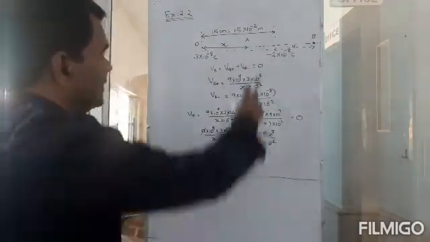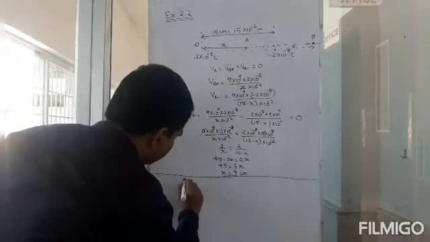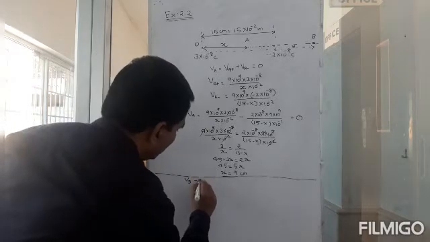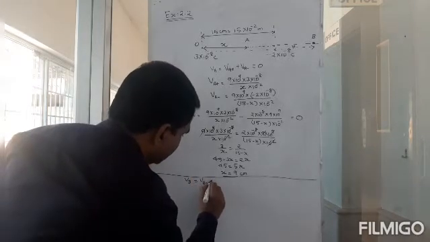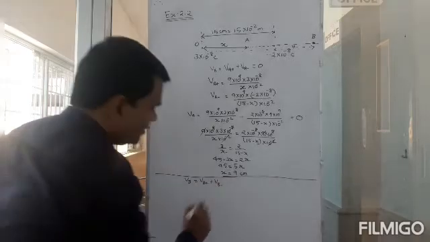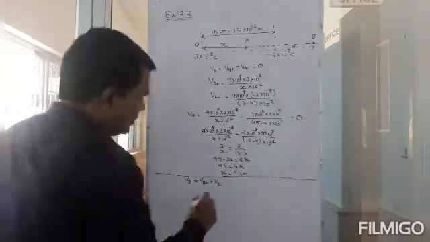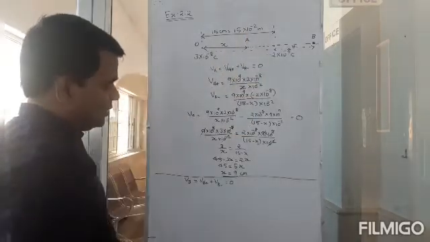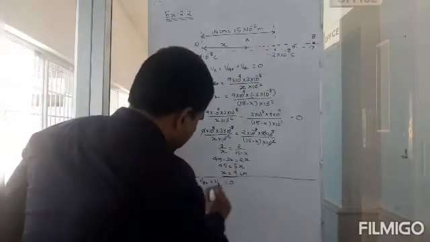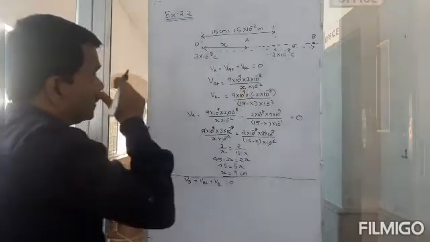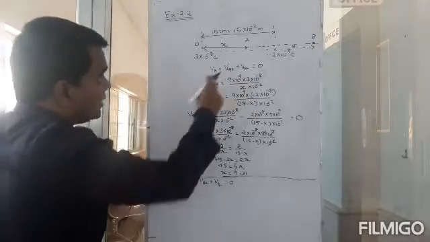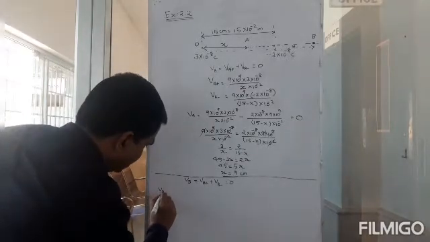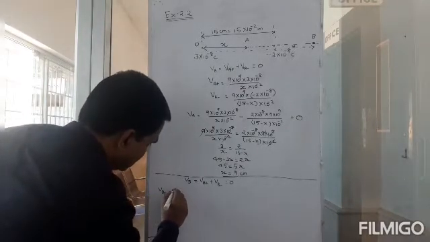Now, again, what is the potential at B? VB is equal to VB due to the positive charge plus VB due to the negative charge. And that must be equal to 0 totally. Okay, so what is VB plus?